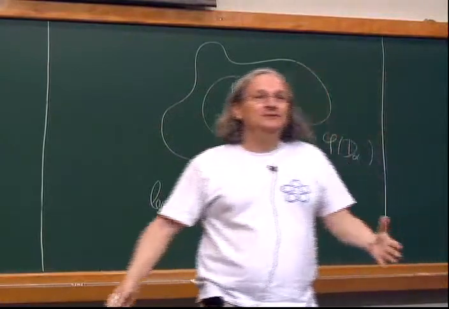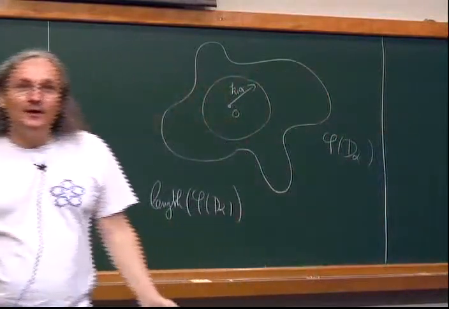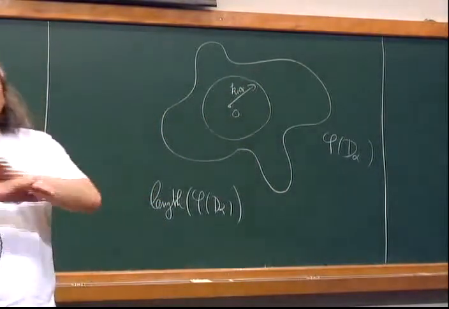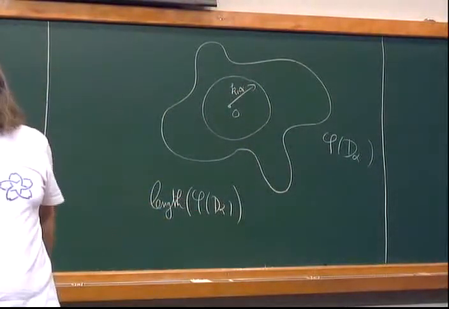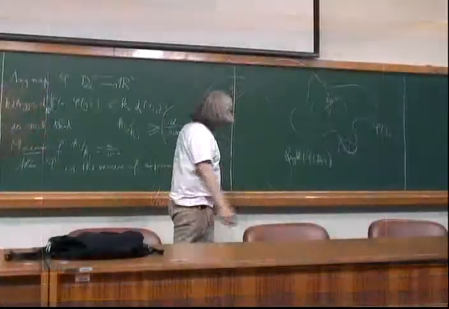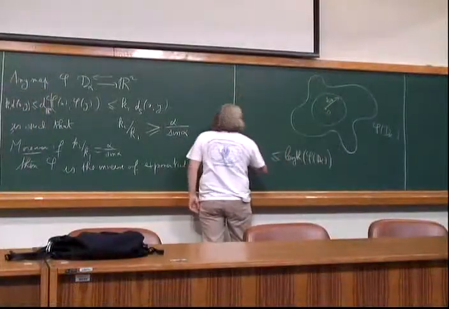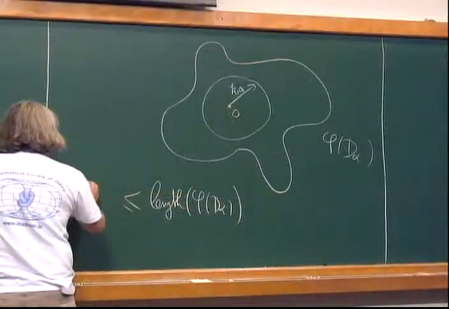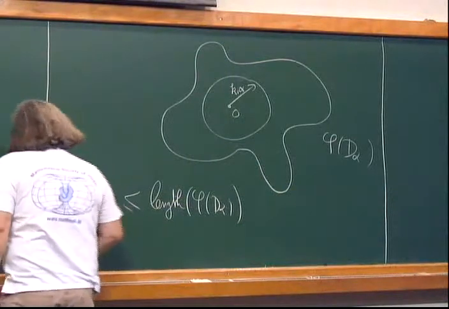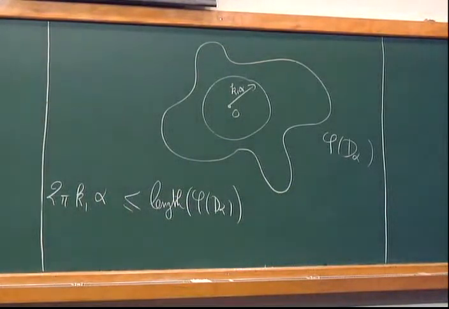Well, either you believe it or you go to Milnor's paper with a complete and very detailed proof, very clear for first-year students. Anyway, so the length is at least 2 pi k1 alpha. On the other hand, this curve is nothing more than the image of the boundary of D alpha by the map.